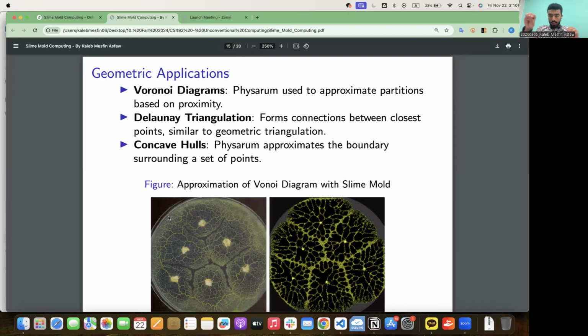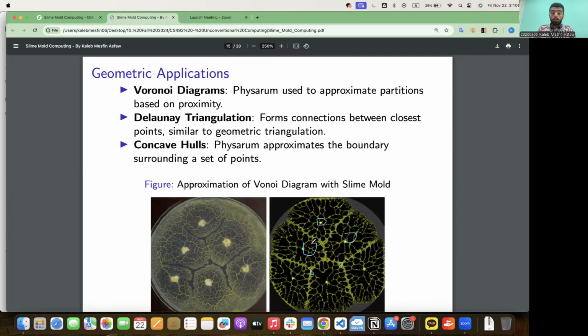So in multiple inoculation, I would like to annotate here. These are the inoculation sites, multiple inoculation sites, which is just a fancy term for the places where the slime mold is placed. Then each slime mold circularly and in an outward fashion distributes itself.